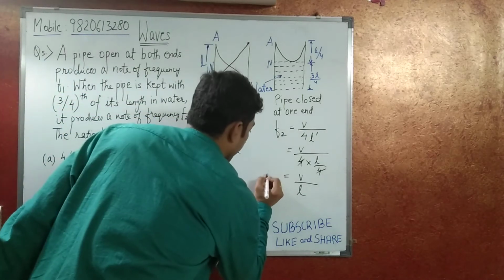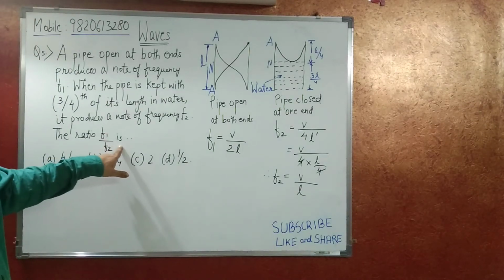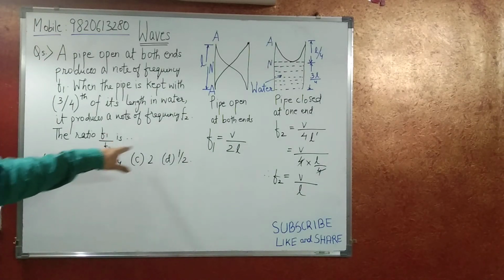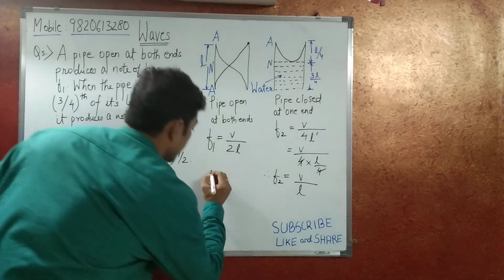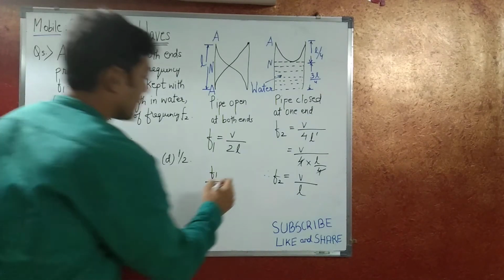Now they are asking the ratio F1 upon F2. If I take the ratio F1 by F2, what do I get?